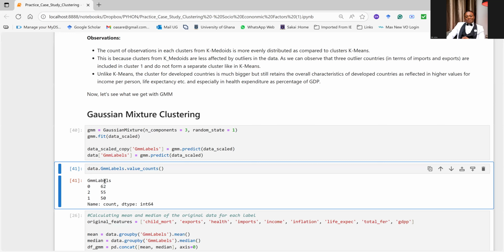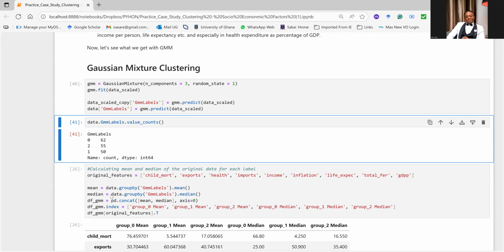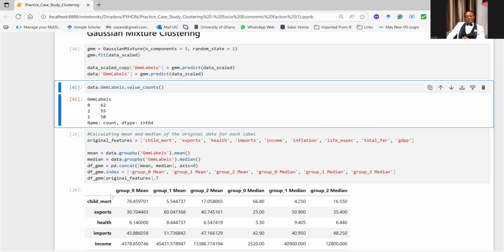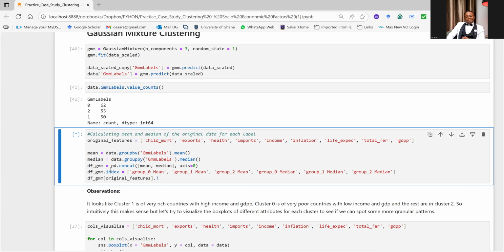And you can see that in this very example, group 0 has got 62 countries, group 2 has 55, and group 1 has 50. Again, when you add them, you should get a total of 167 countries. And once again, we can take the data set and then find the means and the median according to each group. Let me run that.